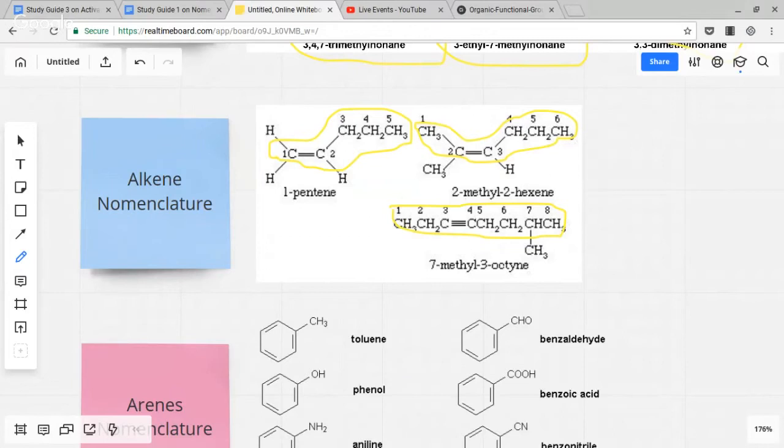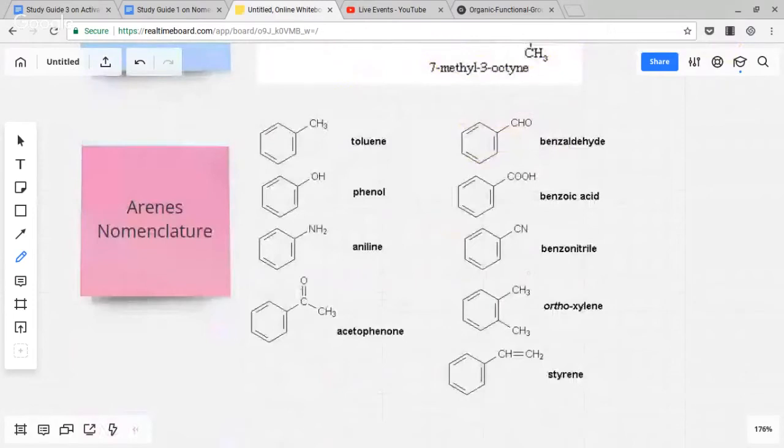But this time that we have alkenes and alkynes, double or triple bond, they should be the priority when you number, not the branch anymore. Okay? I hope I answered you.